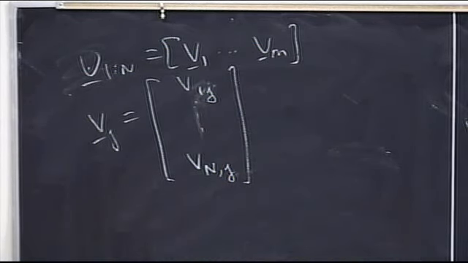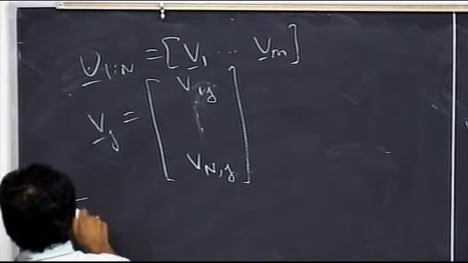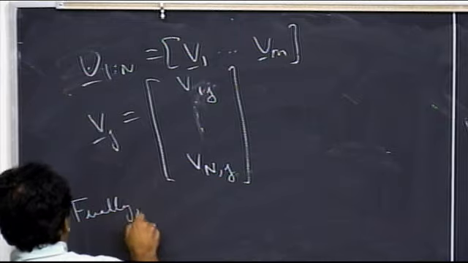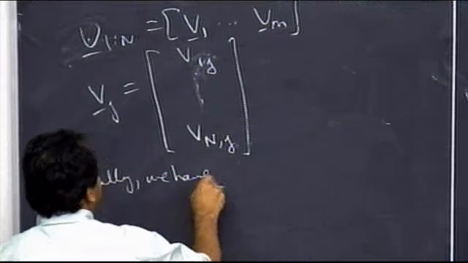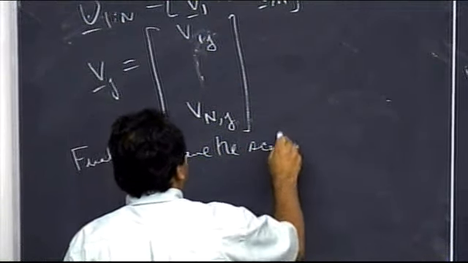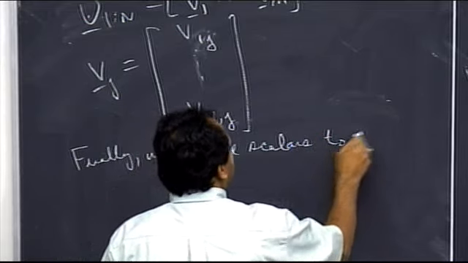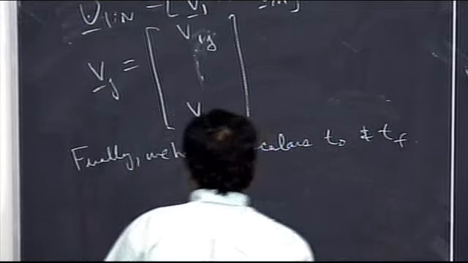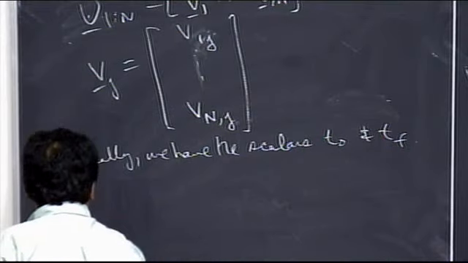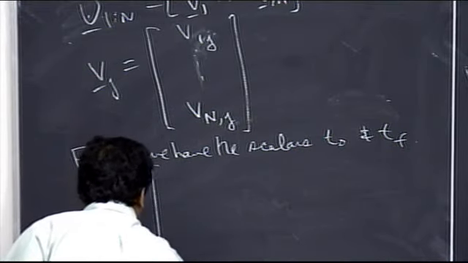Again, all I'm doing is stripping out the jth column of the matrix U. And then I have the scalars T0 and Tf.